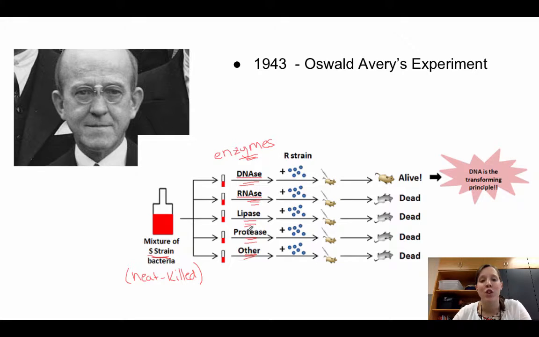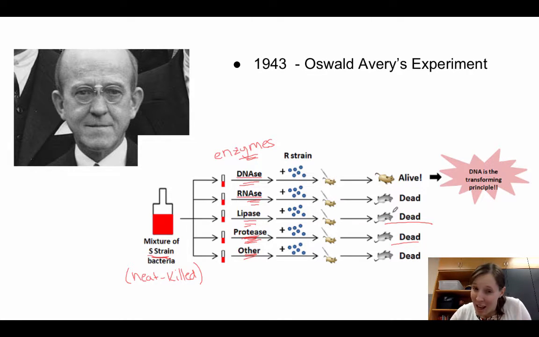And then after subjecting the heat-killed bacteria to these different enzymes, he mixed them with the live R strain bacteria. And what do you know? When the proteins had been destroyed, the bacteria were still transformed and the mouse still died. When the lipids, when the fats were destroyed, the bacteria still transformed and the mouse died.